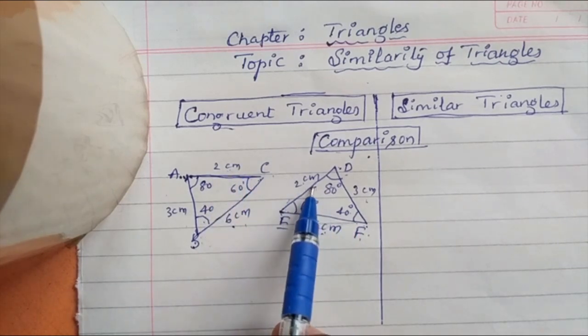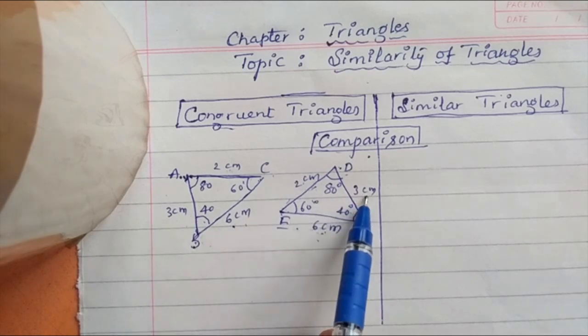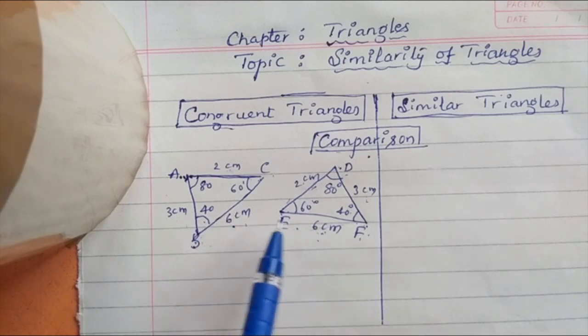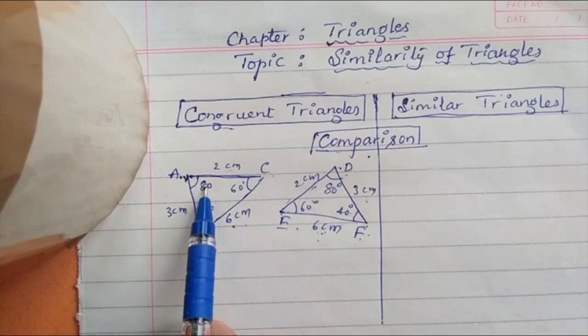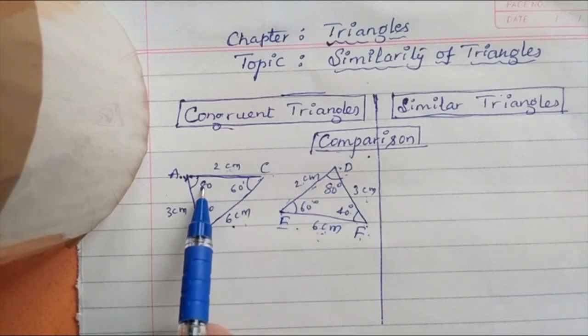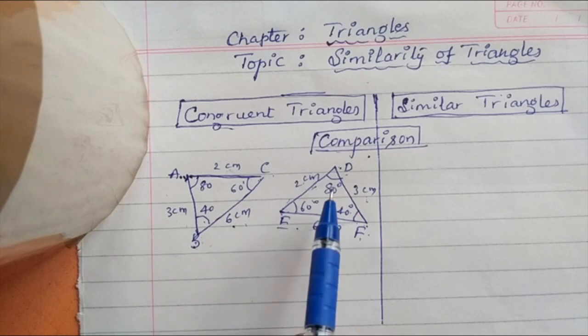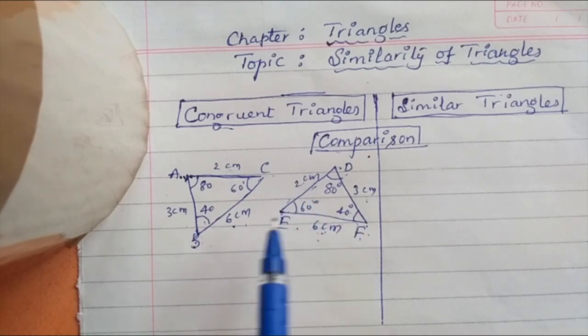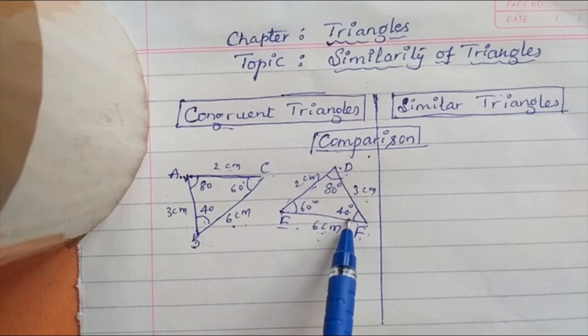Here AC and DE are equal, so these two are corresponding sides. AB and DF are corresponding because these two are 3 and 3. BC and EF are corresponding. These two are 6 centimeters in length. Angle A equals angle D, so these two are corresponding angles, because whichever two angles are equal from the two triangles, those two are corresponding angles. Angle B equals 40, angle F equals 40, so these two angles are called corresponding angles.